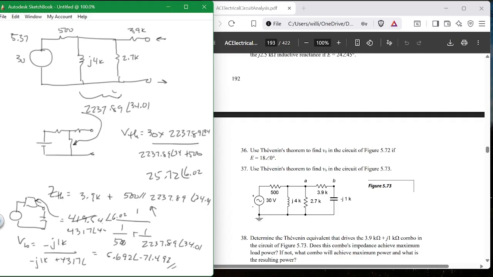Yeah, I wrote the wrong number down. My Z Thevenin is not this number. My Z Thevenin is 4317.4 at angle 0.58. That's my Z Thevenin, not this. I'm sorry.